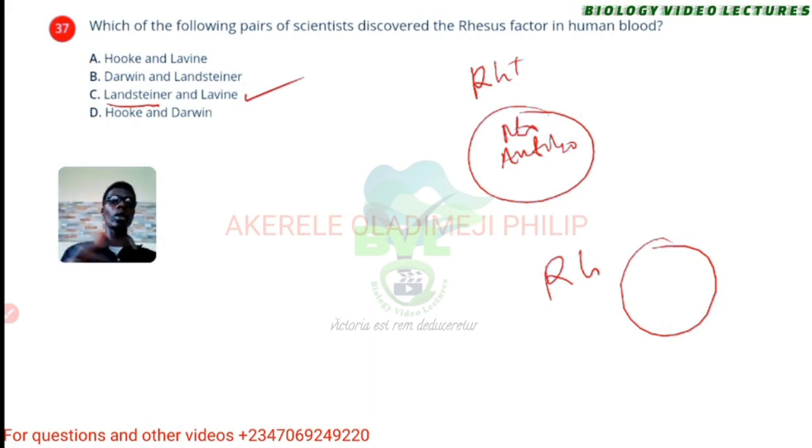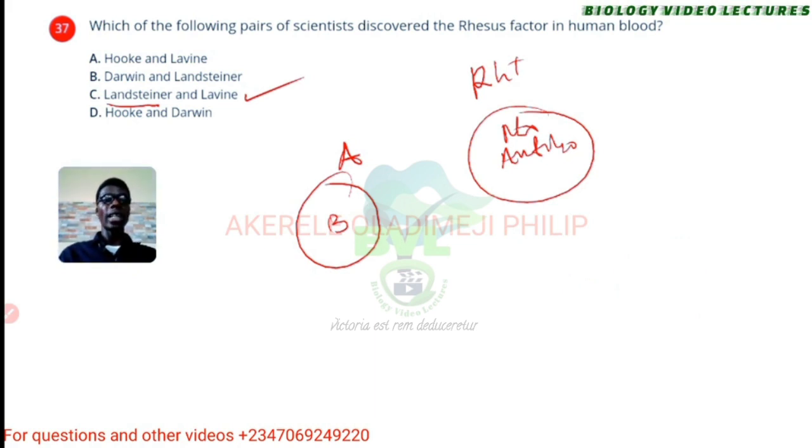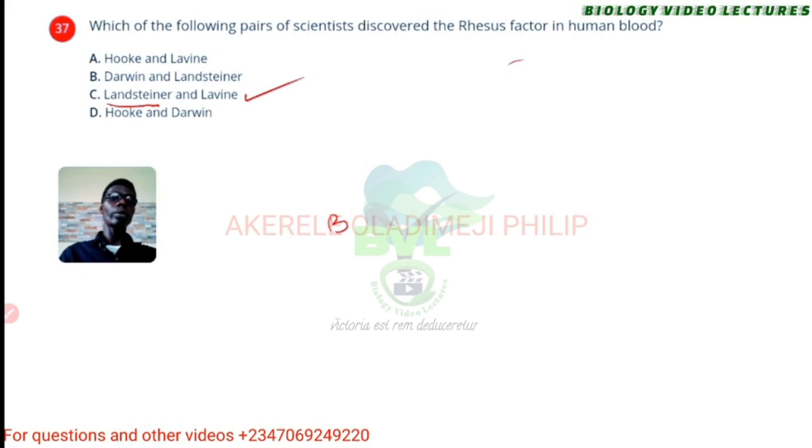But in ABO blood group, if somebody's blood group is A, they are going to have antibody B. But in rhesus factor grouping, you don't have all of that. That's one major difference that I need you to remember. Also remember that if you are rhesus positive, you can receive blood from a rhesus negative. But if you are rhesus negative, you cannot receive blood from a rhesus positive.